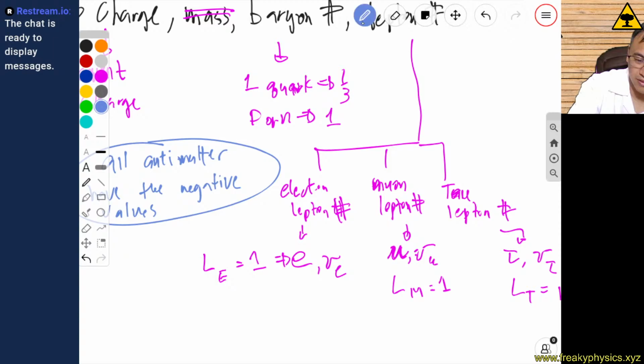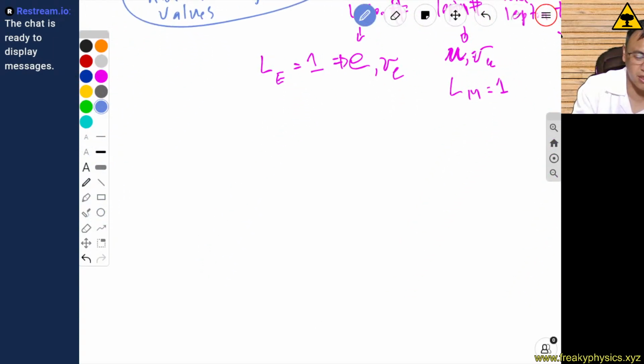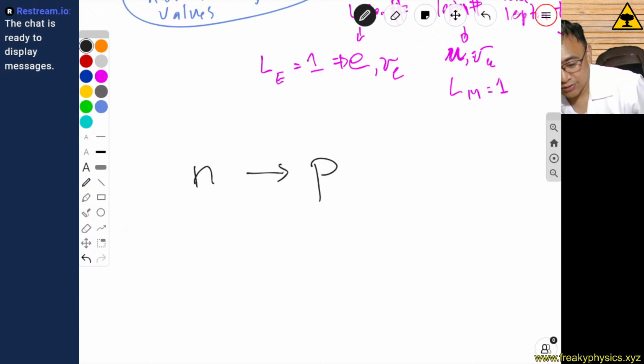Okay, let's take a look at a very simple nuclear reaction first, the simplest possible one that I can think of. The neutron is not really stable. The neutron tends to decay into a proton, and this is the mechanism behind beta decay.